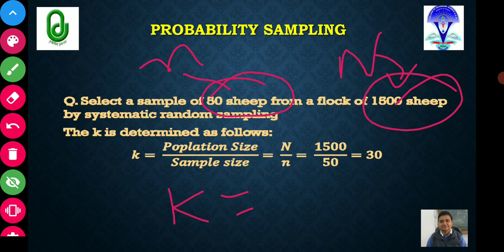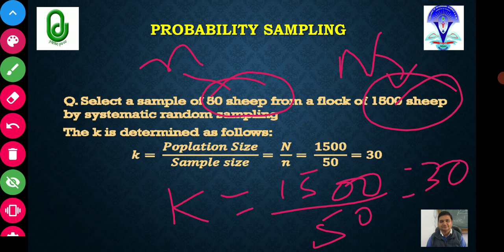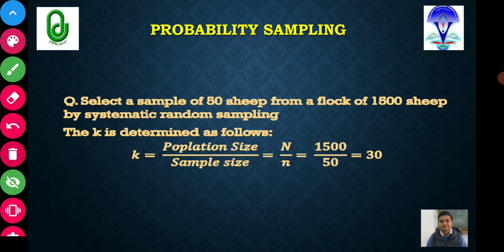So k is equal to 1500 divided by 50, that is 30. Your k is 30.